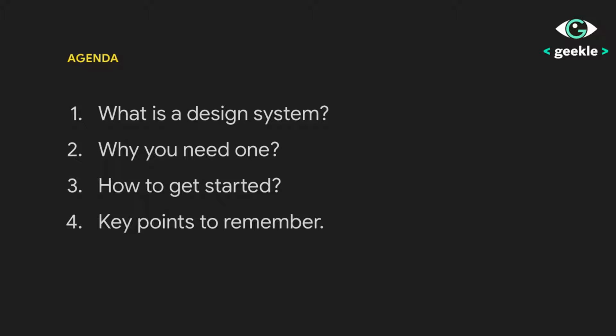So this would be more of a look at the benefits of having a design system in your organization, and then how you should get started, what sort of challenges you face when you get started, and how you can tackle them. And while doing all the design system work in Naukri specifically, there are a lot of things I have learned, and I'll be sharing those as key points to remember.